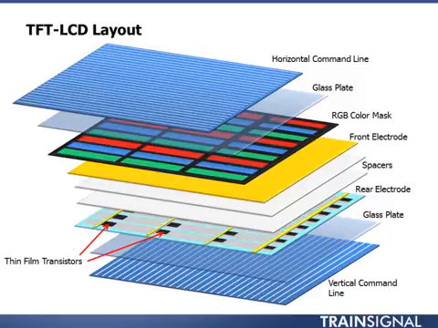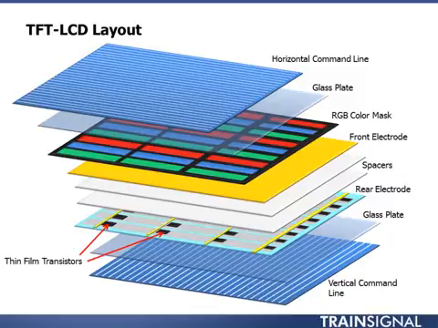You can find an image like this all over the internet when you look up what an LCD layout actually looks like. I'm not going to go into all the inner working details because, quite frankly, unless you want to specialize in this and take special classes for it, you're not going to be tearing apart an LCD and trying to repair these different layers.